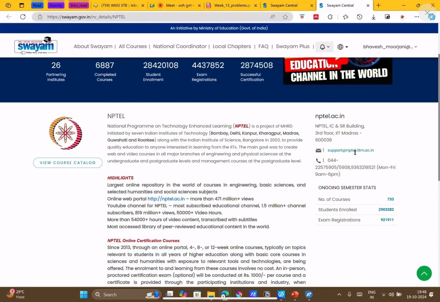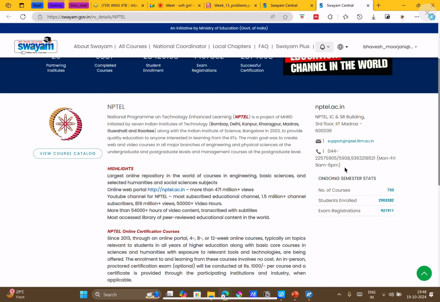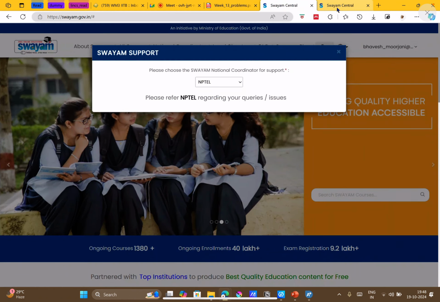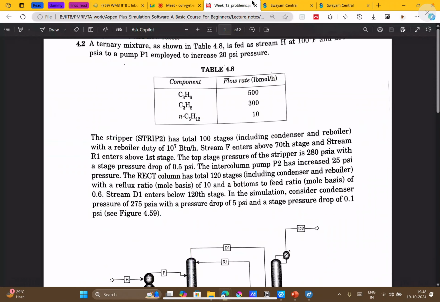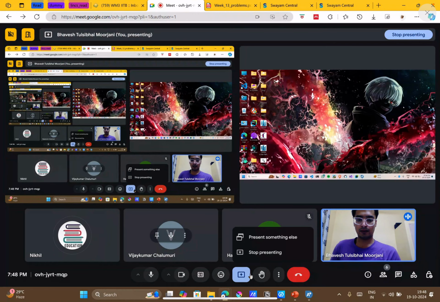You have this support email at NPTEL IIT Madras, and these are the phone numbers also. So that is available on the website also. You can just call them or mail them. Generally they provide better feedback, so they will answer you. Since I don't know anything about this, I am not able to assist you here.